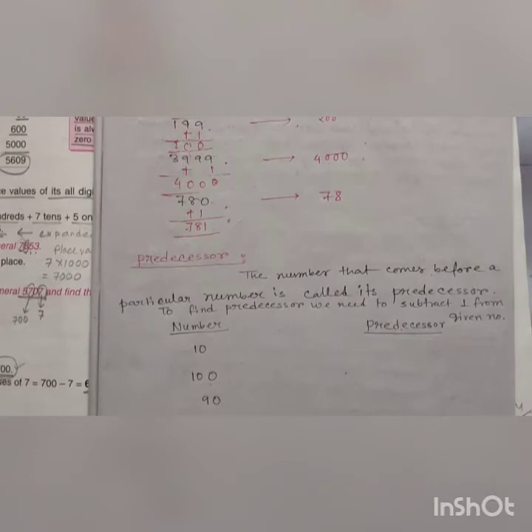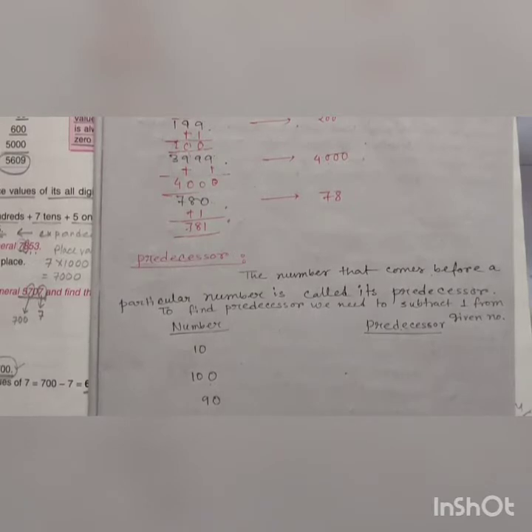So to find the predecessor, we need to subtract 1 from the given number. To find the successor, we need to add 1 to the given number, and to find the predecessor, we need to subtract 1 from the given number.